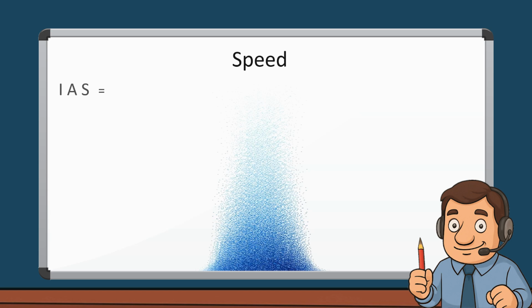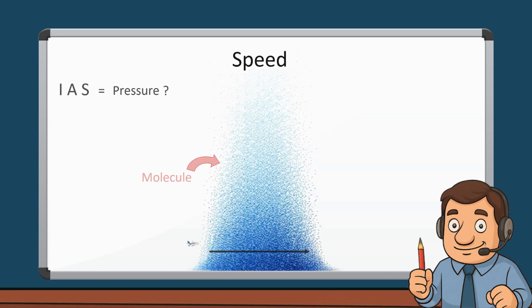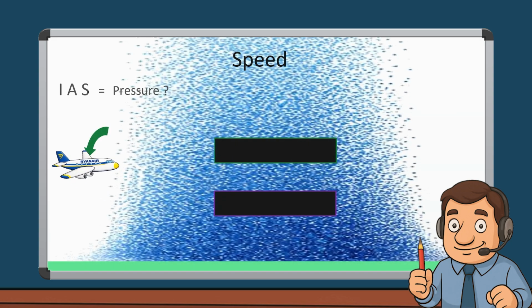IAS is a pressure. What is a pressure really? It is in a way the amount of air molecules to travel through to keep the wing up. Let's say that Ryanair here is flying an indicated airspeed of 250 knots, which means 250 nautical miles per hour. Now, let's just pretend for a minute that this also means that he must fly through 250 air molecules in an hour to have that pressure over the wing.